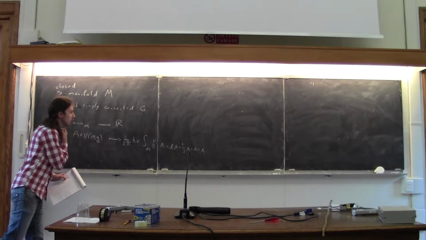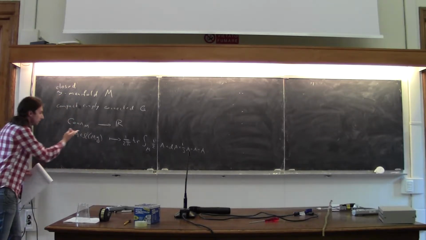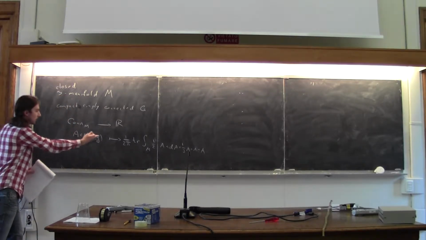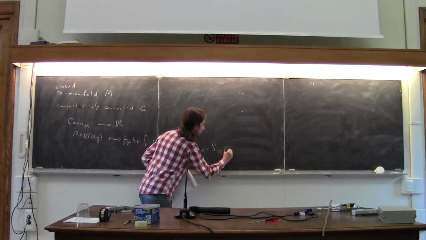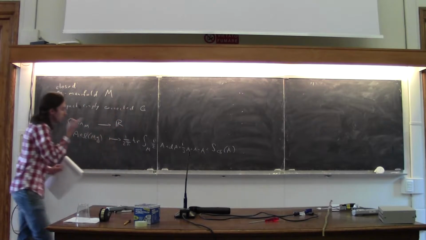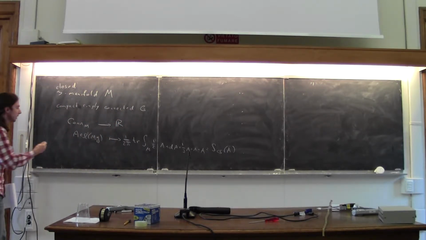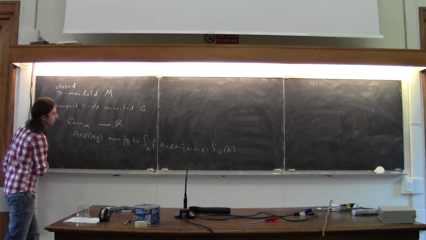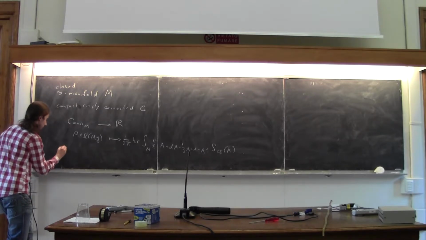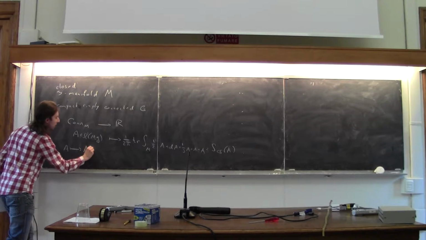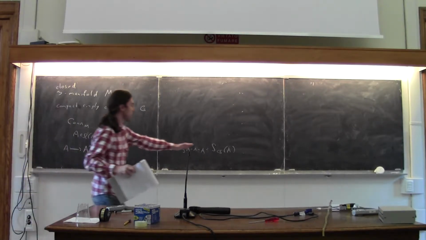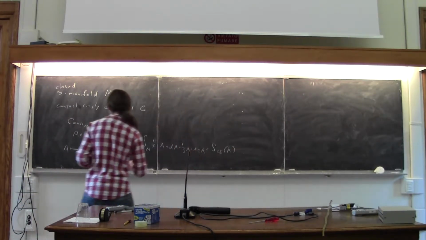So what I wanted to say is the well-known property of this Chern-Simons action function: if you do a gauge transformation g of the action, then this changes by a multiple of 2 pi.